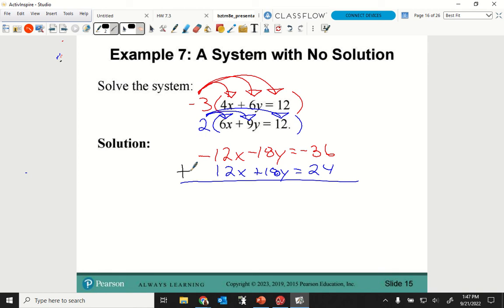So negative 12x plus positive 12x is going to give me 0x, and negative 18y plus positive 18y gives me 0y equals negative 36 plus 24, which is negative 12. Now, this one right here, 0x plus 0y, is it possible to equal negative 12? You add 2 zeros together and all of a sudden, boom, it's negative 12. That one's no solution.